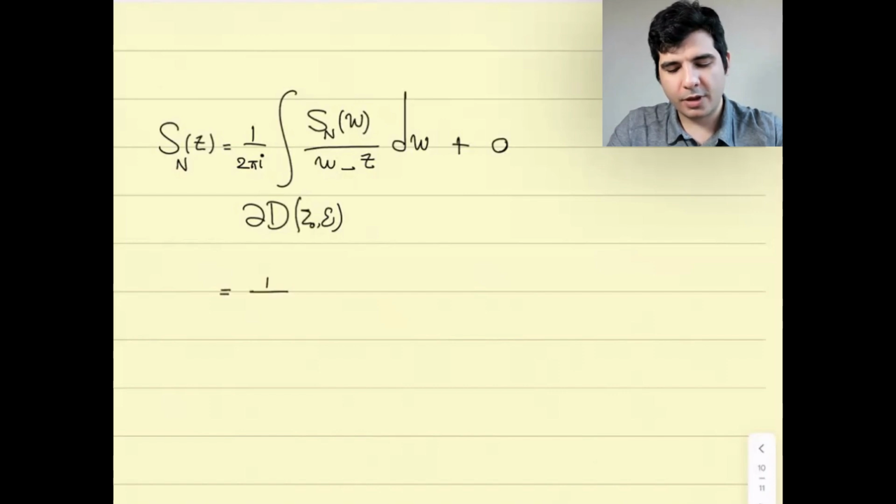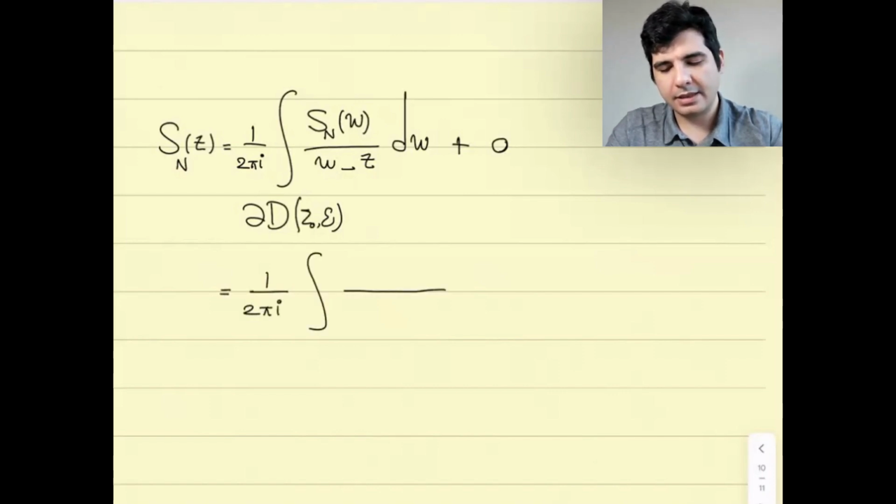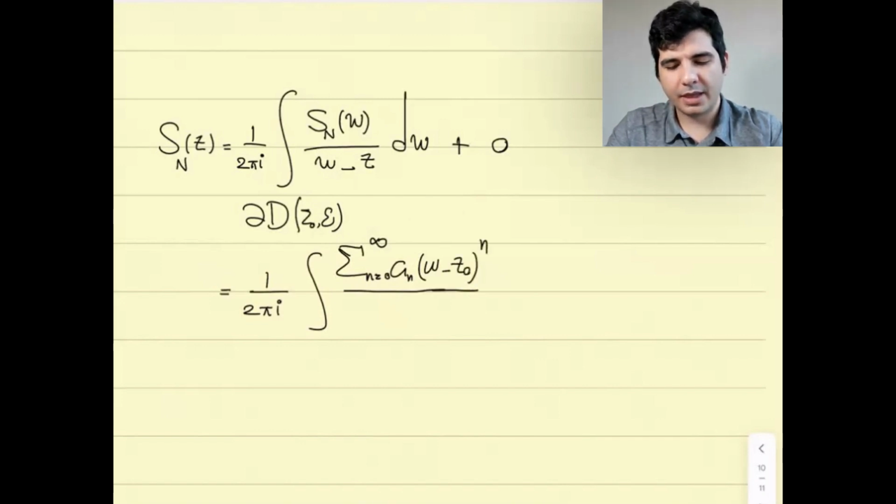And this is equal to 1 over 2 pi i. Well, let's rewrite it. S_n is the sum from 0 to n, a_n times, here instead of w, we have w minus z naught to the n. Sorry, the whole point is that this is not infinite. This is up to n. Over w minus z, dw.